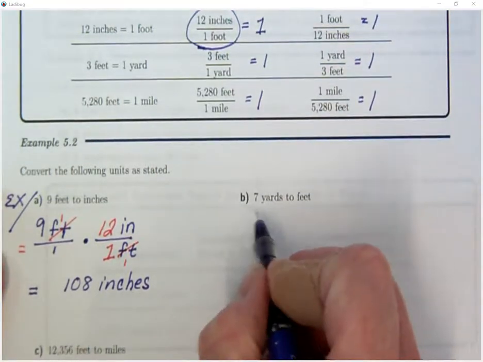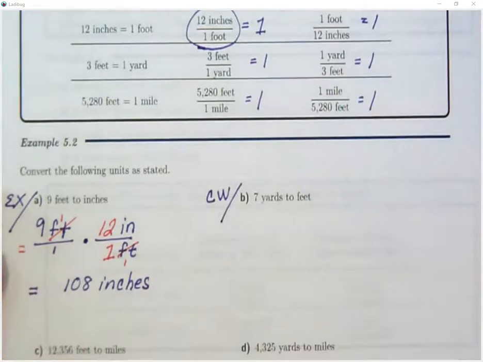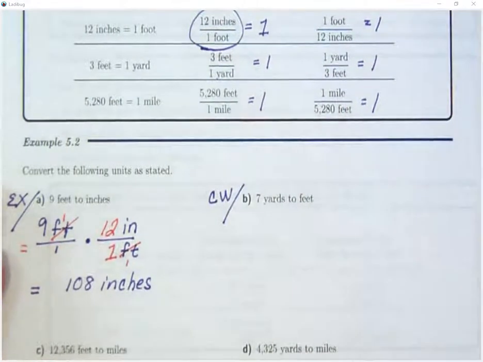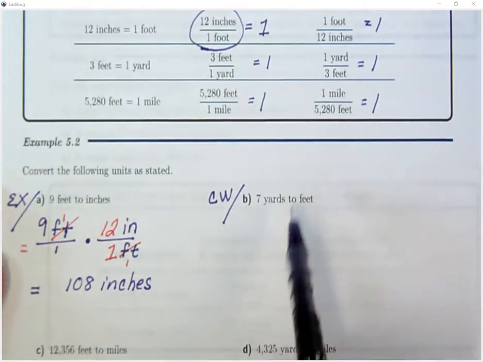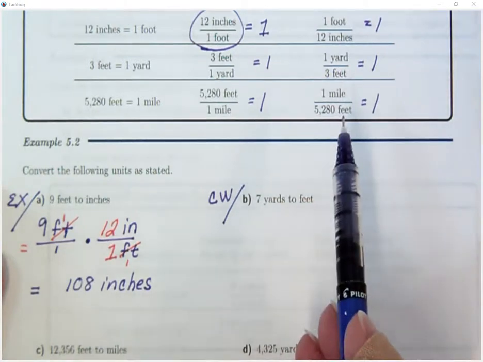So this one will be a classwork, virtual class. So you're going to complete that. You can pause the video now and get that done. It's very similar to this one, except yards to feet. And going the other direction, so you'll be using these conversions over here.